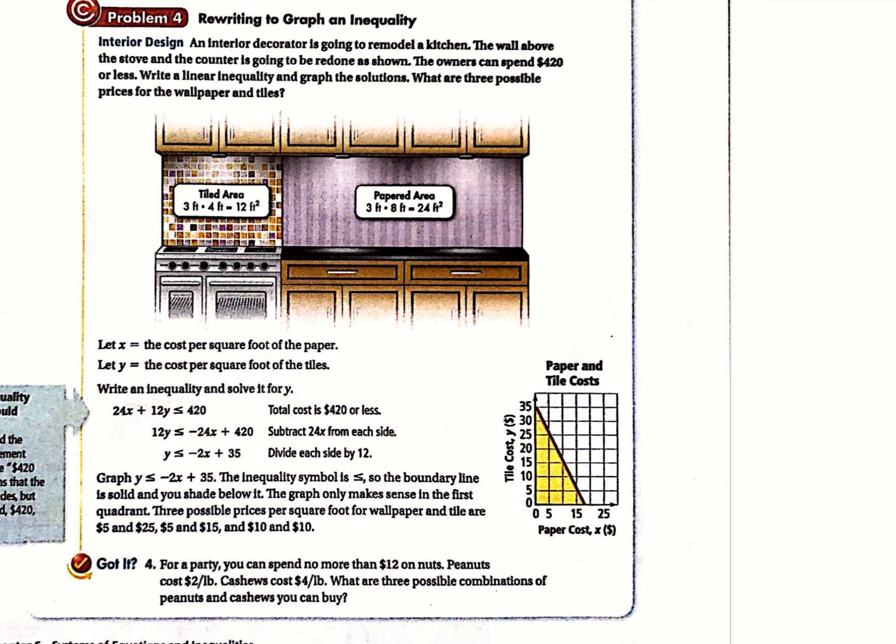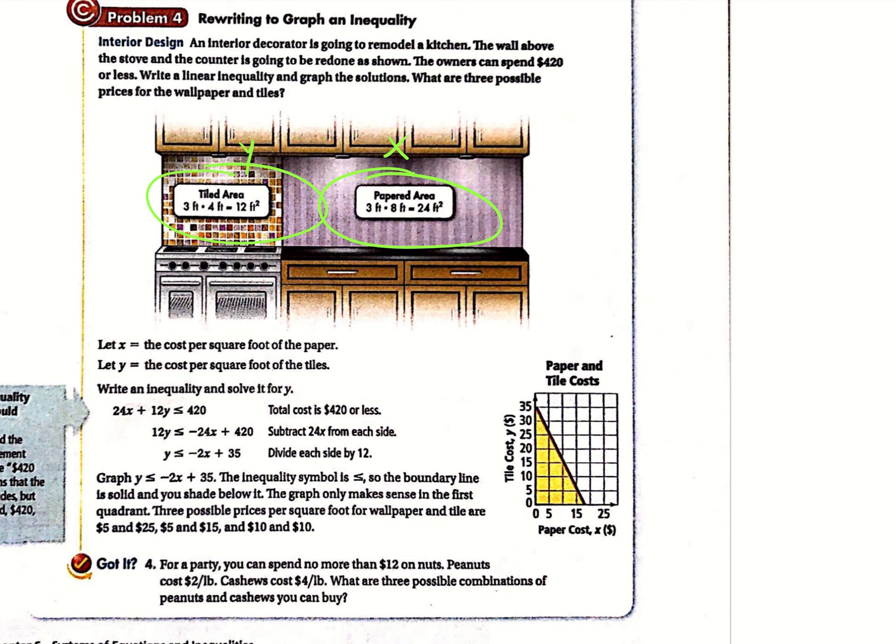So they give us, I guess, kind of equations for the area of the two areas. It says let X be the cost per square foot of the paper, so over here, and Y is the cost per square foot of the tiles there.